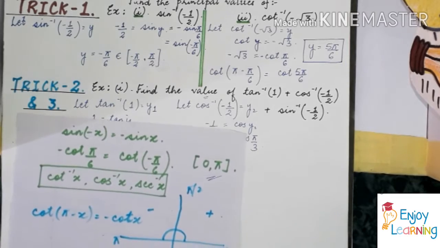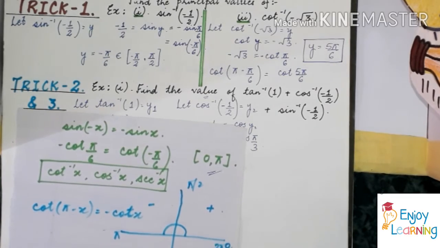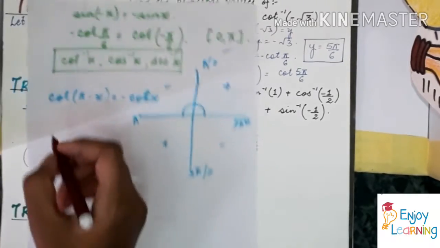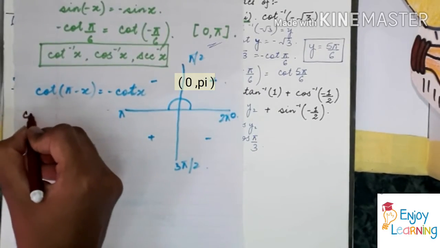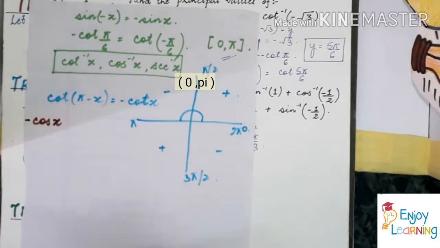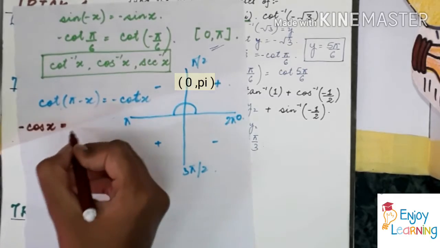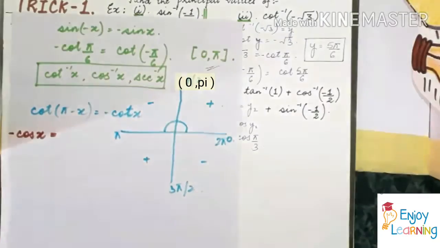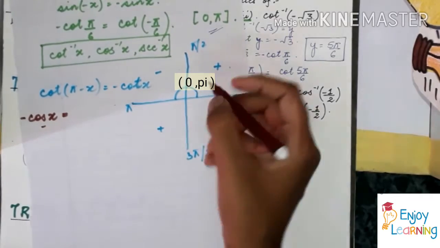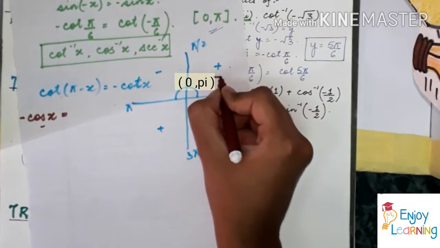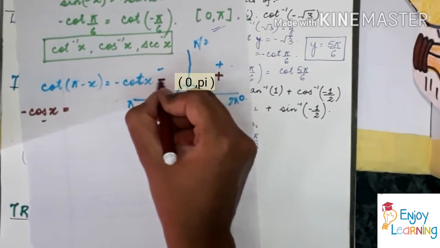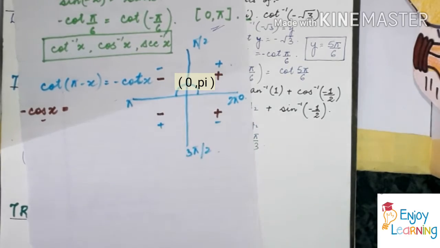So here the property involved is, I am not going to tell you by the graph, I am writing down the identity simply. Here for minus cos x, you can write cos. So first check in which quadrants cos is positive and in which quadrants cos is negative. So cos is positive in the first and fourth quadrant and negative in the second and third quadrant.